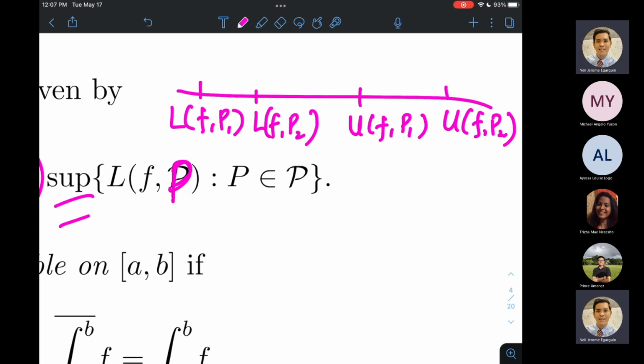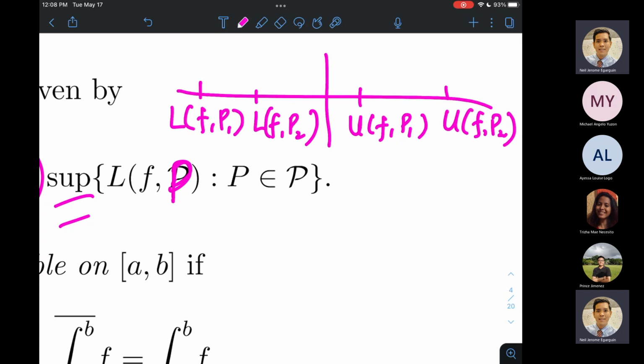Kasi di ba laging mas maliit yung mga lower Riemann sum kaysa sa mga upper Riemann sum. Tapos ang idea natin sa integrability ay dapat mag-equal yung lower at saka upper integral. Alright? So kaya ang ginagawa natin, dinefine natin yung upper integral to be the infimum. Siya dapat yung greatest lower bound ng mga upper sums. Kasi nga yung mga upper sums, lagi silang mas malaki sa mga lower sums.